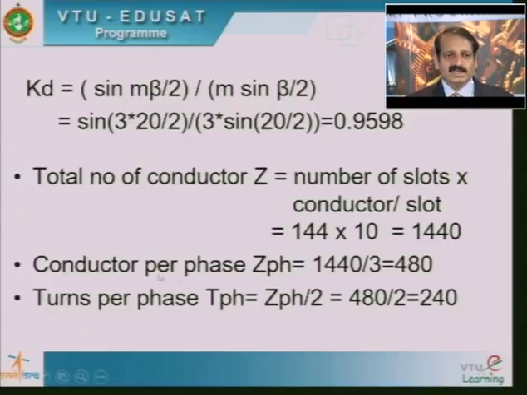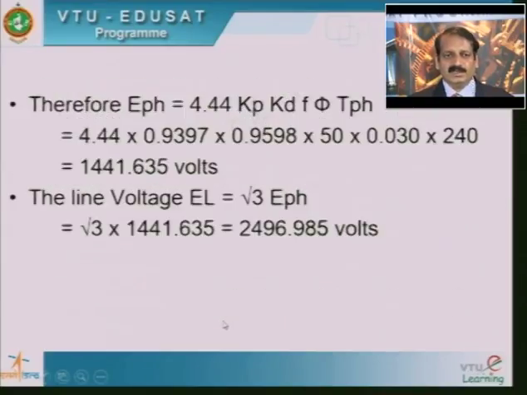So, now conductors per phase, Z phase, is calculated as 1440 divided by 3, which is 480. T phase is equal to Z phase by 2, which is equal to 240.